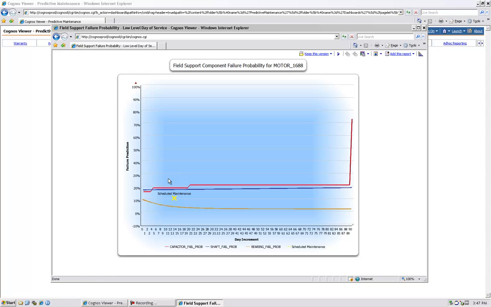The difference here is that we've identified a motor that has a very low failure probability for the next 80 days. However, we're scheduling maintenance 12 days out. So as you can see, we could delay this maintenance by at least 30 to 45 days and still not have any increase in failure.